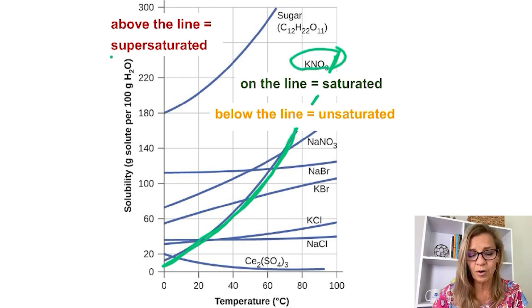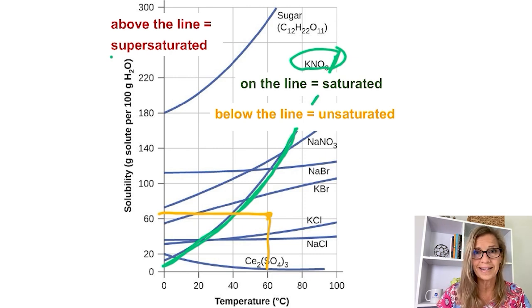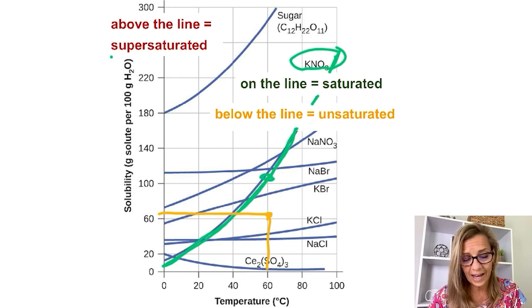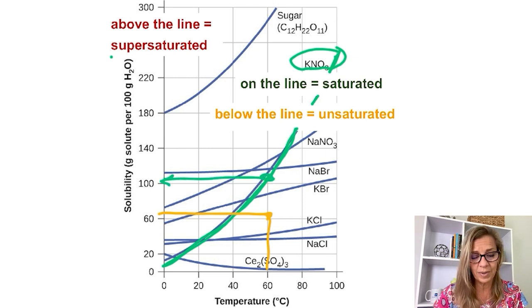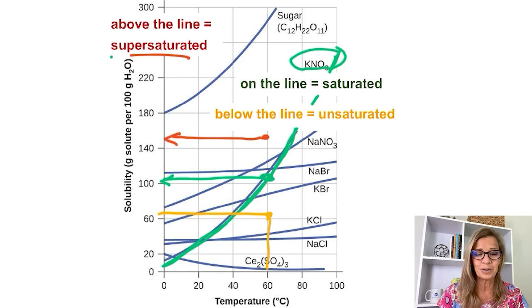So if we are below the line at a given temperature, say I'm down here, 60 degrees, and I've got maybe 65 grams in 100 grams, that's an unsaturated solution. To get saturated, I have to go to the line, and that would be my saturation point. That is the maximum amount of solute I can get in 100 grams of water. And then if we get above the line, somewhere up here, that would be what's called a supersaturated solution. And that's a little tricky to make. But that's how you read these solubility graphs.